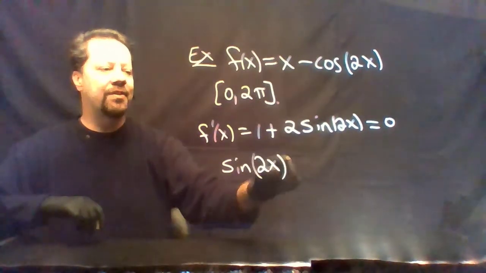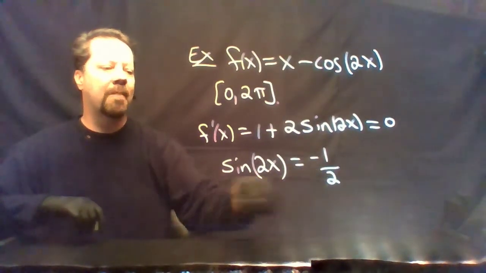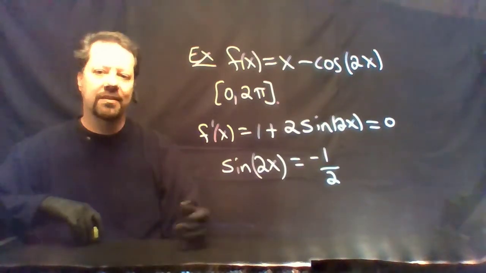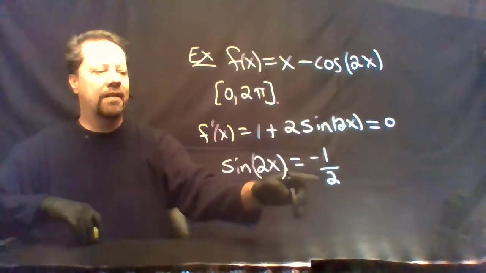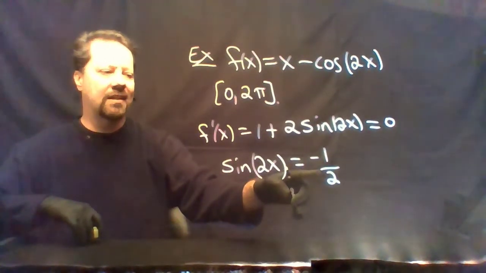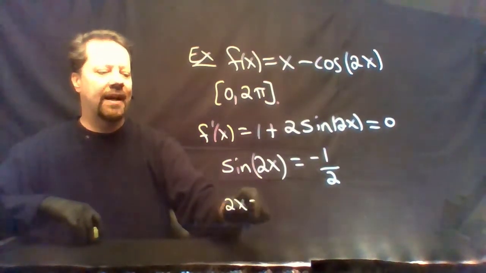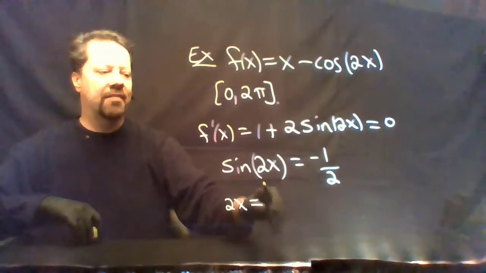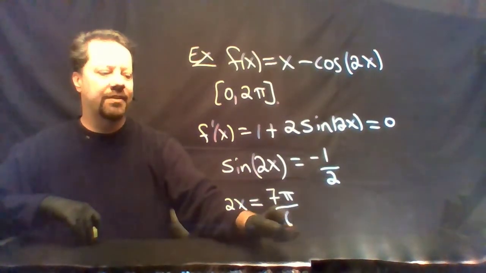We get the sine of 2x is -1 divided by 2. Sine is negative in quadrants 3 and 4. And so we're looking for angles in quadrants 3 and 4 where sine is -1/2. We get 2x could be, in quadrant 3, 7 pi over 6.